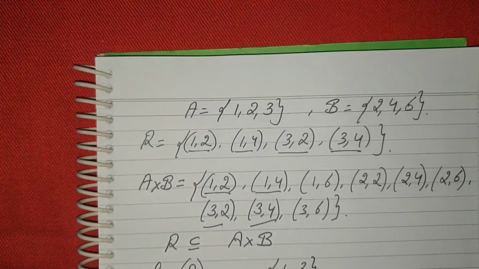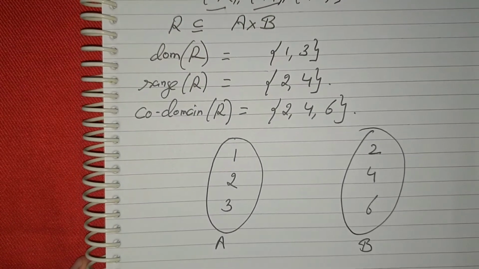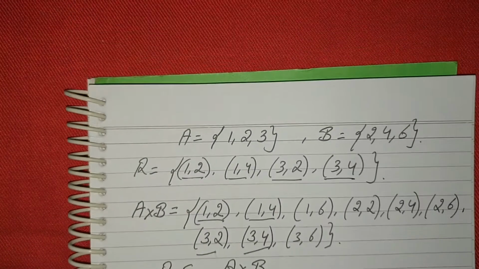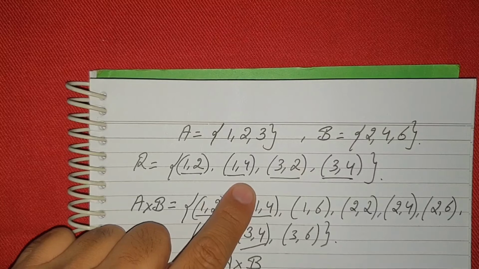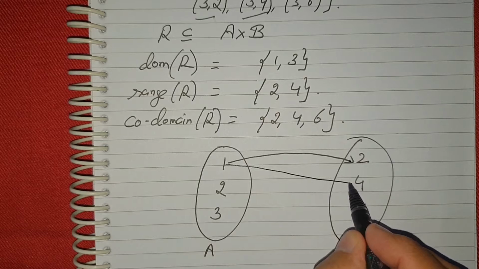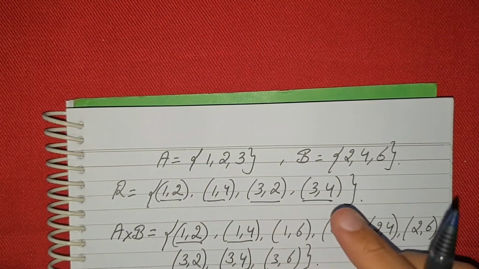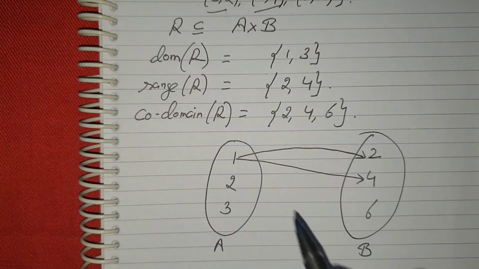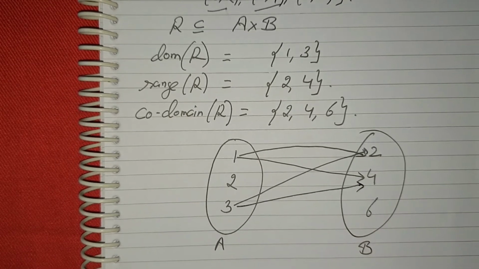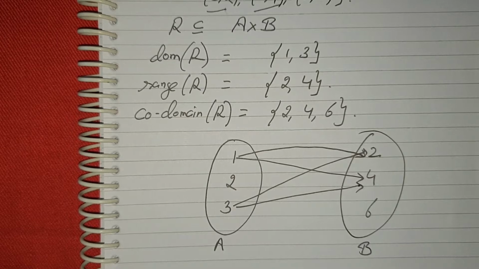Now again looking at the relation: (1, 2), (1, 4), (3, 2), (3, 4). So this is how you represent this by the arrow diagram as shown alongside.